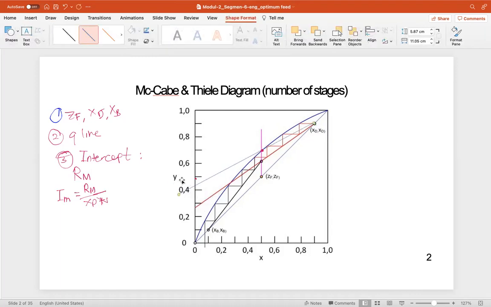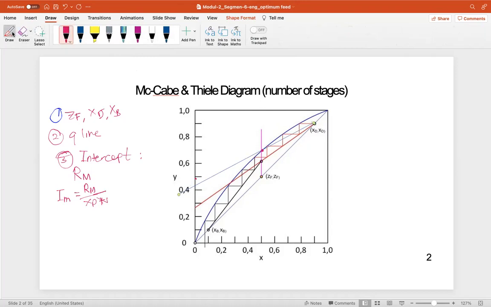Okay, everyone. So now I have this point that tells you about the RM divided by RM plus 1. So then I can calculate RM.